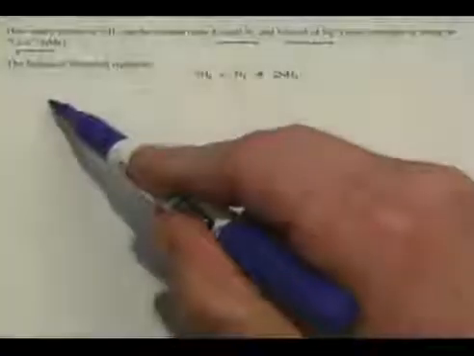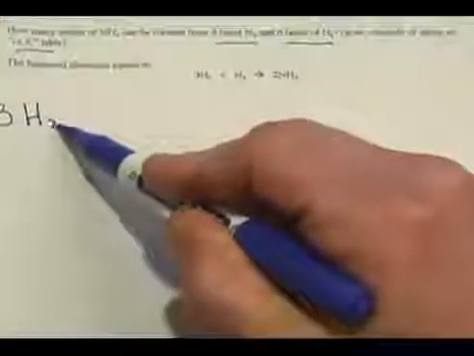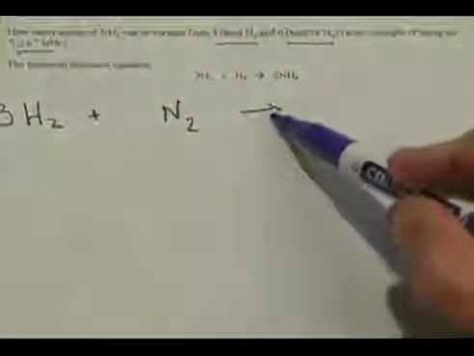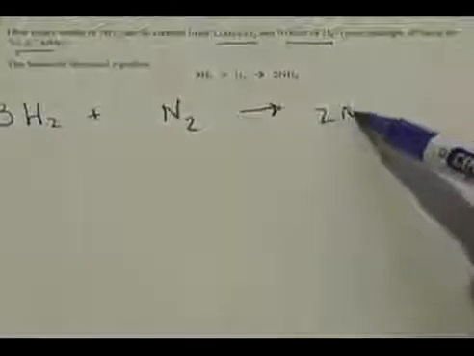And I'm just going to rewrite this a little bit larger so you can see it on a bigger scale. 3H2 plus N2, and notice I'm going to space it out quite a bit, goes to 2NH3. And after I do this, I'm going to write a little table down below this.